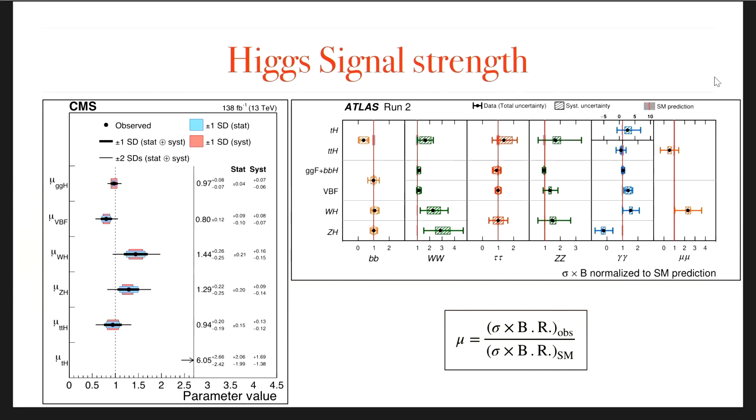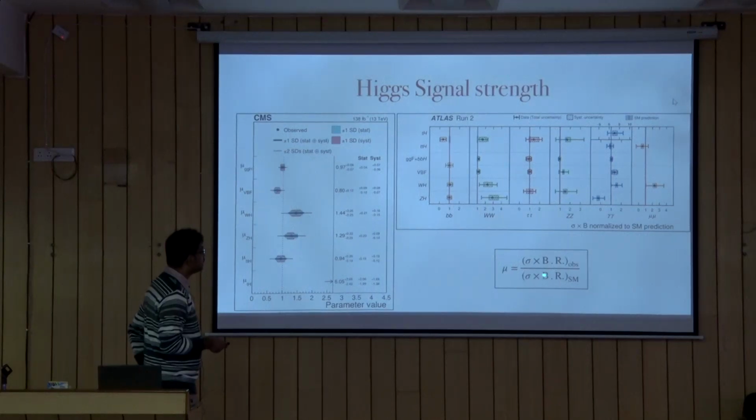At the collider, when you look into the results that people have obtained so far for these different channels that we just talked about, they provide you with some term called mu, and this parameterizes basically sigma times the branching ratio of the observation divided by sigma times the branching ratio in the standard model.